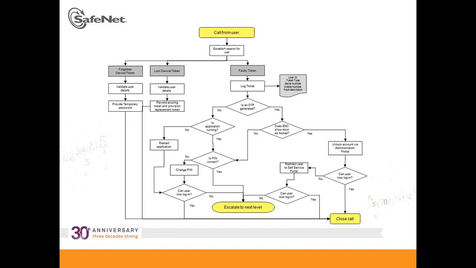Some very basic stuff here. Is the PIN correct? Is the token in SAS, is the account in SAS locked? Yes or no? If it is, you can unlock it. And again, if the token's generating a code and the account is not locked and the PIN is correct, then you may want to take a look at resynchronizing that user's specific token.